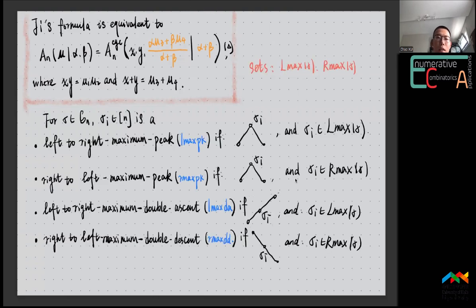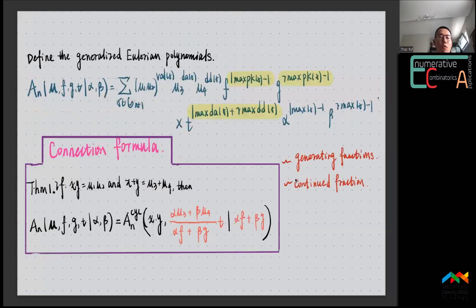We classify the left-to-right minima, the left-to-right maxima, and the right-to-left maxima according to whether they are a peak, a double ascent, or a double descent. So we introduce more generalized Eulerian polynomials, and we find the following connection formulas.